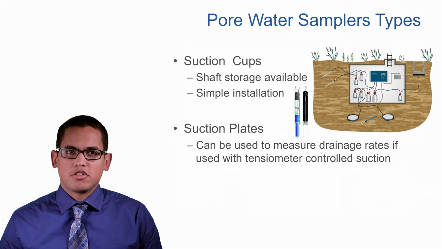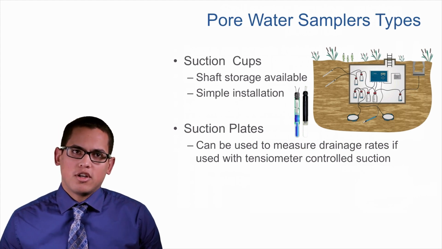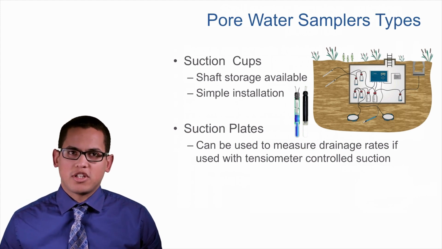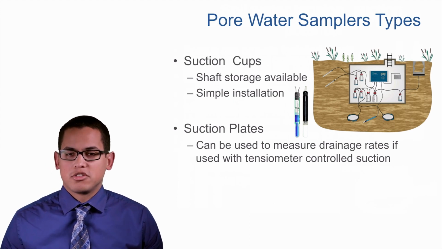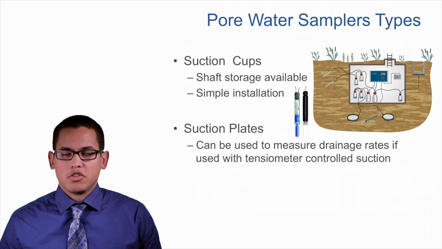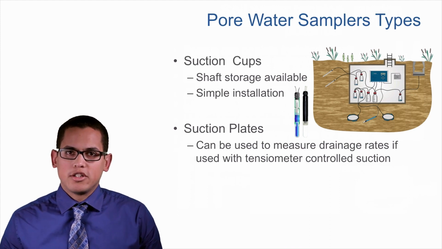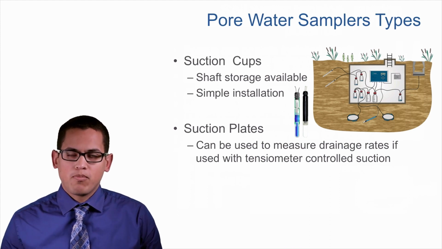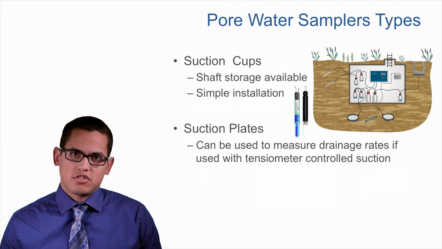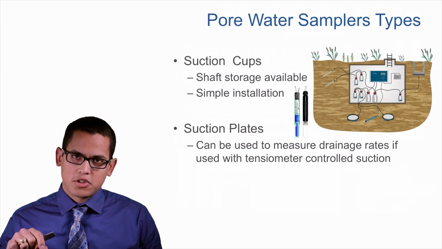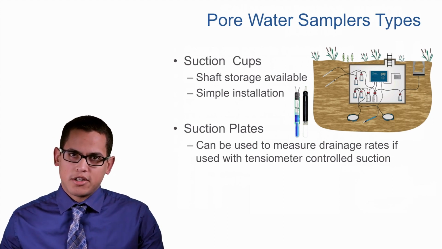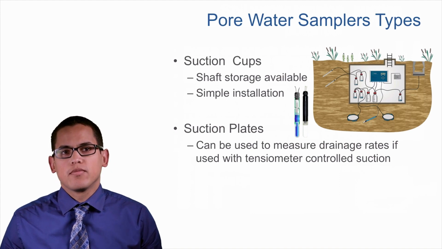So, some other things about suction cups and suction plates. With suction cups, you have the option of shaft storage. And the nice thing about suction cups is installation is very simple. You can do just a simple augered hole and install the suction cup down the hole. If you use the right sized auger, for example, we use an auger with a tapered head, then when you get the suction cup pushed down to the very bottom of the hole, it has better contact with the soil.